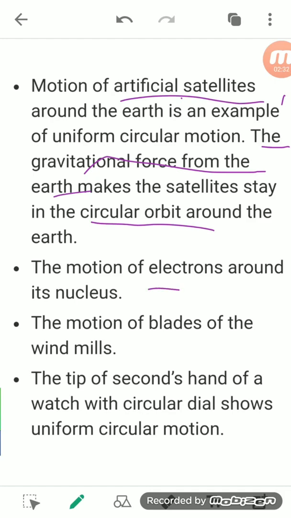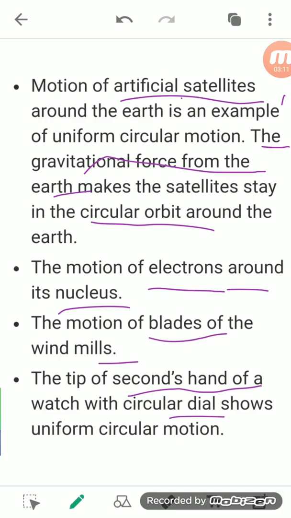We can take an example of an electron also. The electron revolves around the nucleus, and it has acceleration because of the circular motion. The blade of a windmill, because of the change of direction, also gets accelerated. Now see the tip of the second hand of a watch. It also exhibits uniform circular motion on the circular dial.